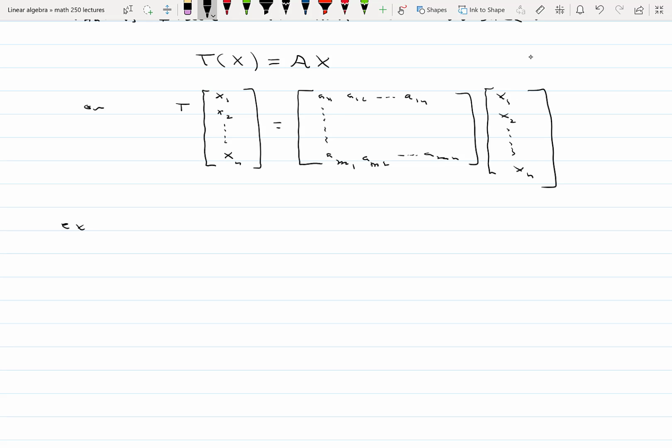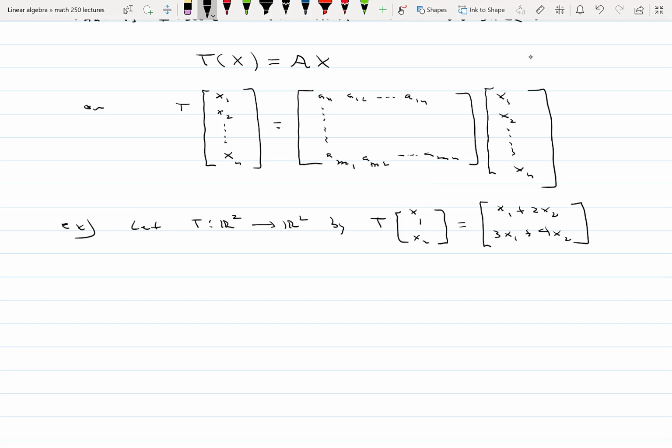For example, if we let T be the matrix transformation from R2 back into R2, where T takes x1, x2 and turns it into x1 plus 2x2, 3x1 plus 4x2.